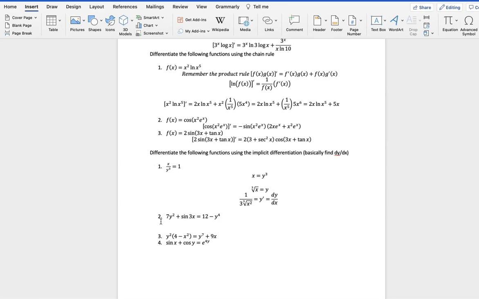Okay, I have dy over dx is equal to negative 3 cos 3x, divided by cos 3x over 14y plus 4y cubed.